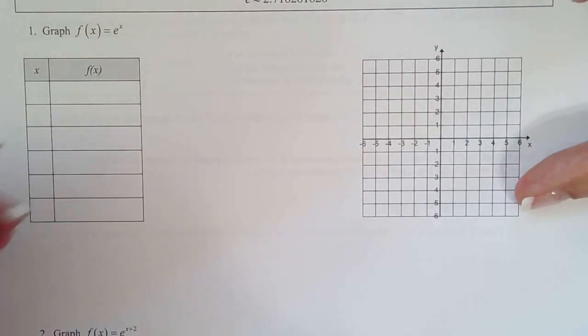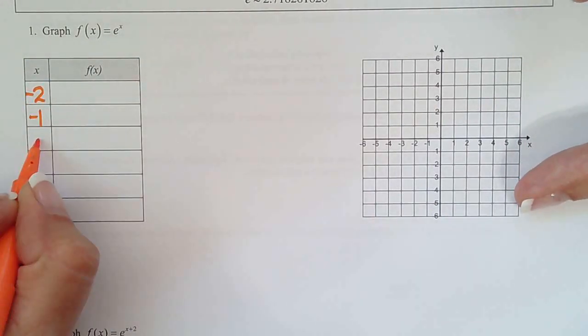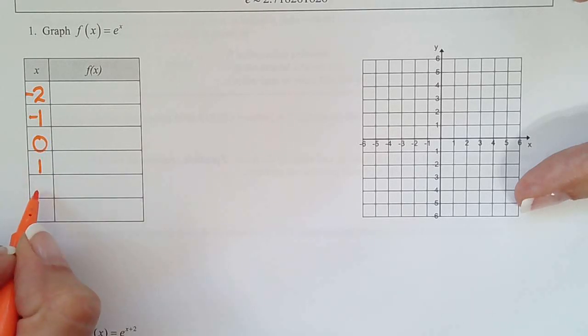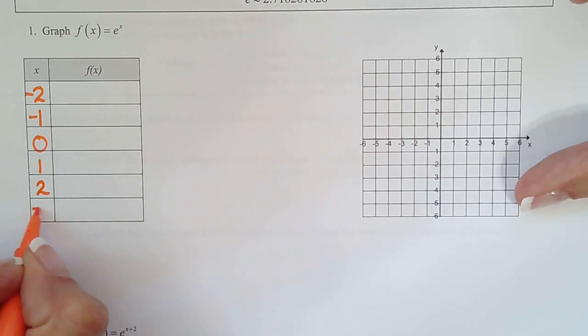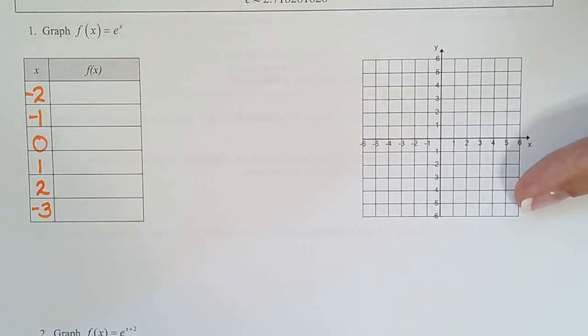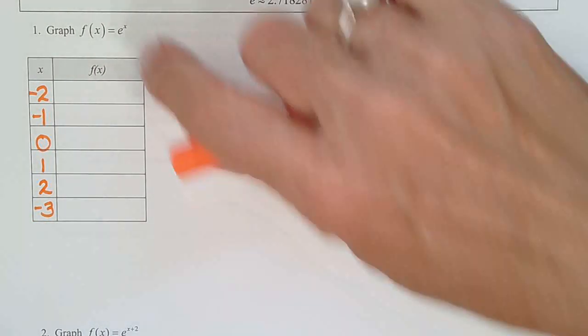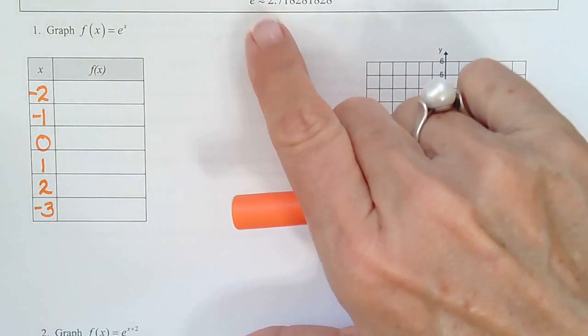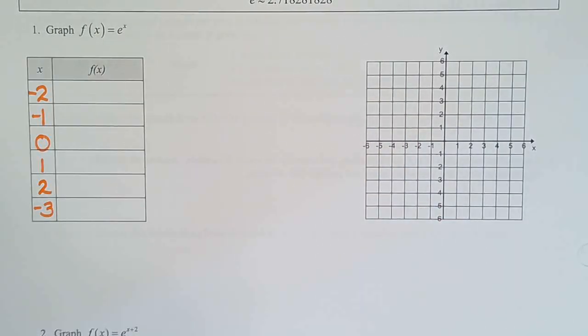We can do -2, -1, 0, 1, 2, and e to the third is going to be too big. So let's make this one -3. I didn't realize there was an extra spot there. Otherwise, I would have started with -3. In my head, I'm going, well, e is about 3, and 3 to the third is 27. So that's why I didn't put the +3 in.